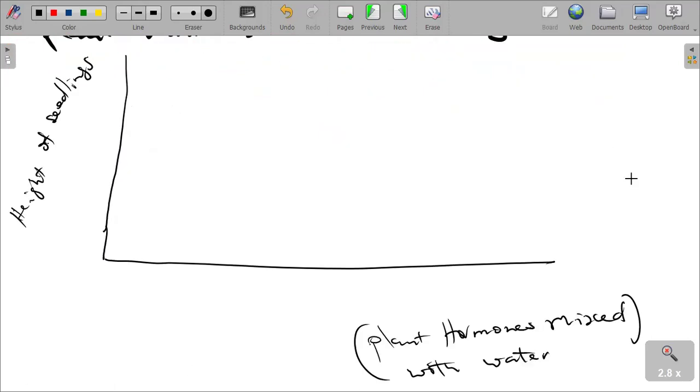So we can choose a proper interval that we can use for this graph. If we say 10, 20, 30, 40, 50, 60.